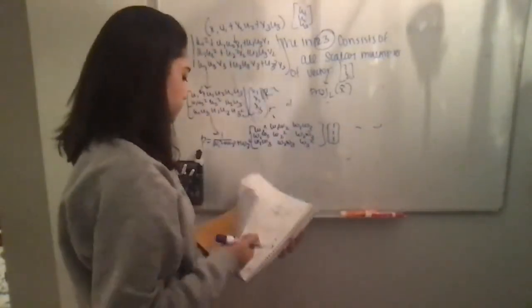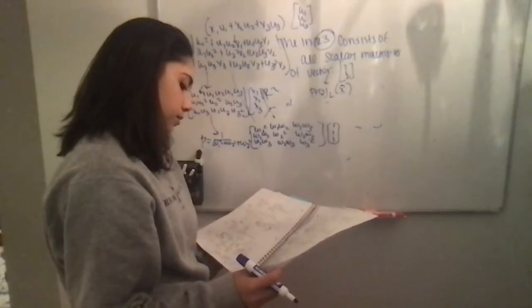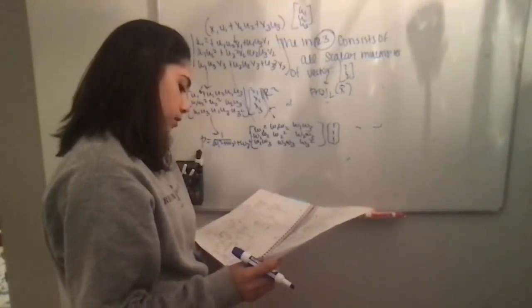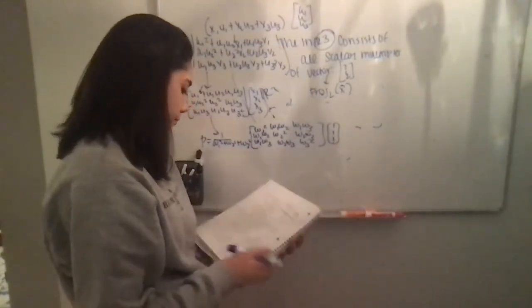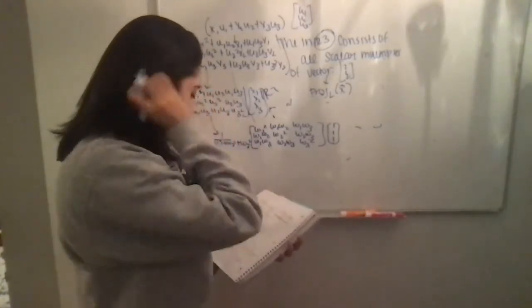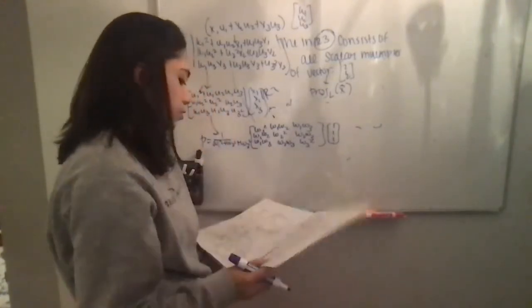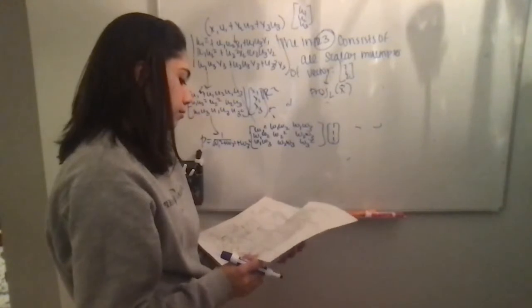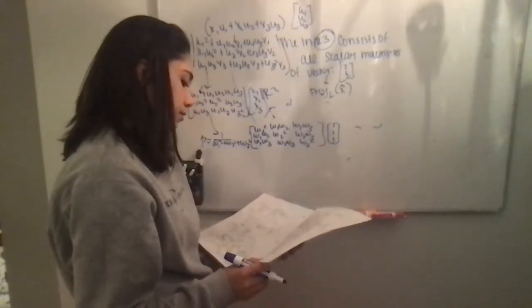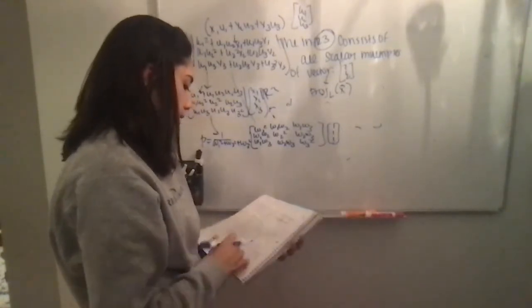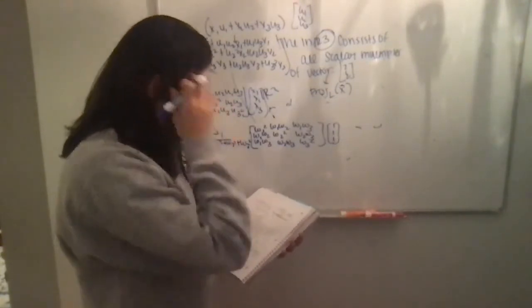The reason that we know that is that we're told that the vector that we're dealing with is 1, 1, 1.